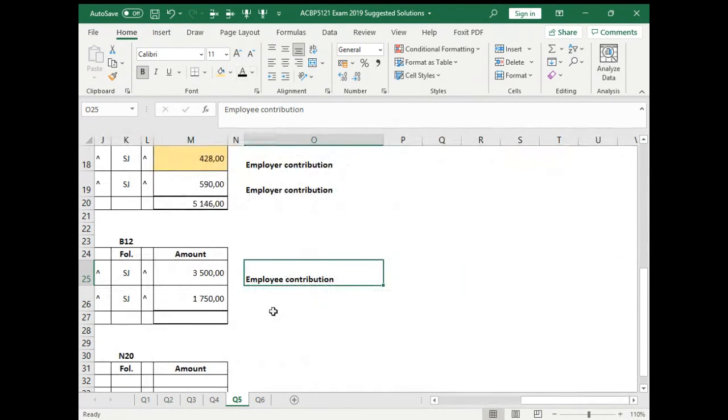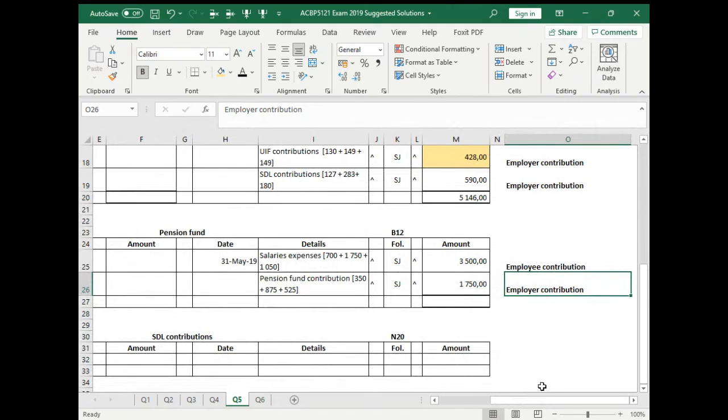So this is your employee contribution, that is your employer contribution. Just going to make it slightly smaller so you can see all the information on one screen. Okay, so the total amount for our pension fund that we need to pay over at the end of the month would be the 5,250 Rand.